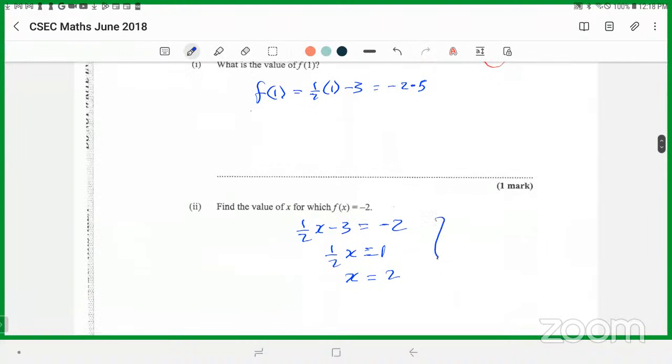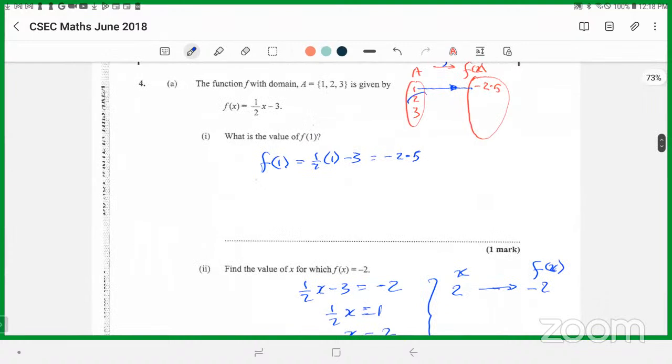What does this mean? This means the x value of 2 maps onto the f of x value of negative 2. So the 2 right here maps onto negative 2 over here in the range.